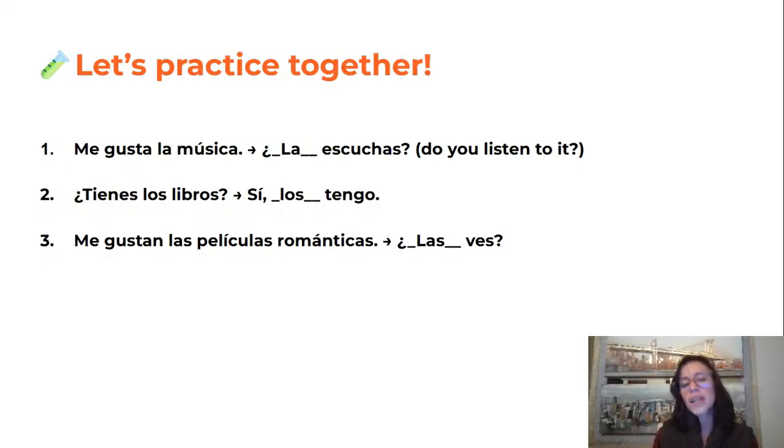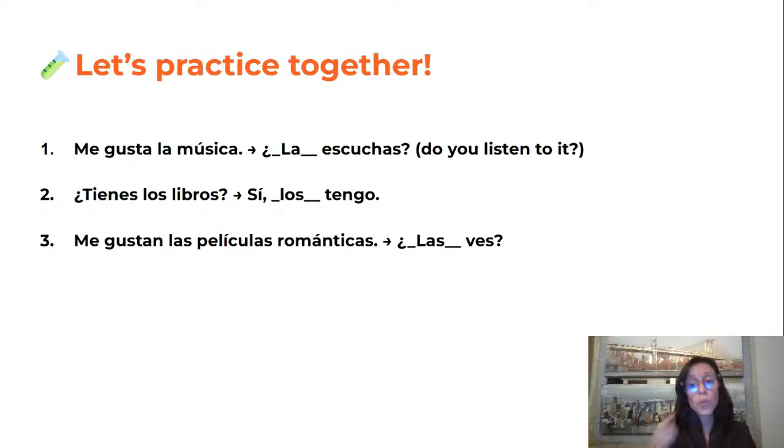Okay? Me gustan las películas románticas. ¿Te gustan las películas románticas? Do you like romantic movies? But since we are not asking back for double checking or so, we're simply asking about the same topic, we can use a direct object pronoun because we are replacing what is liked.